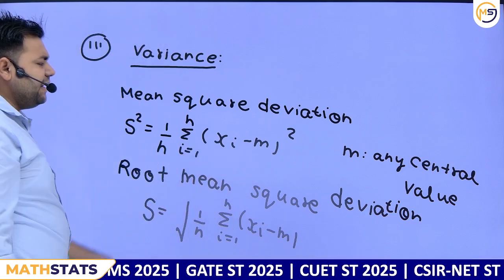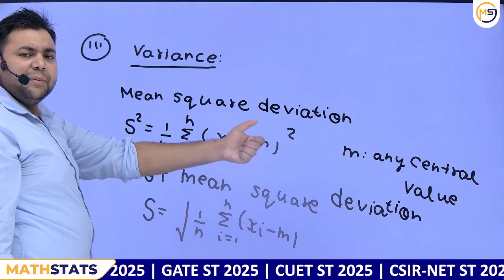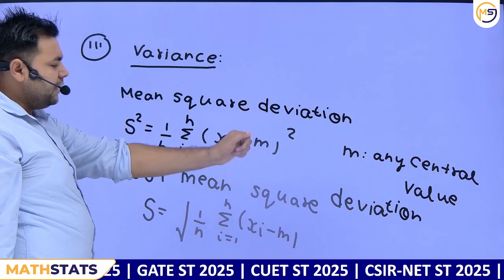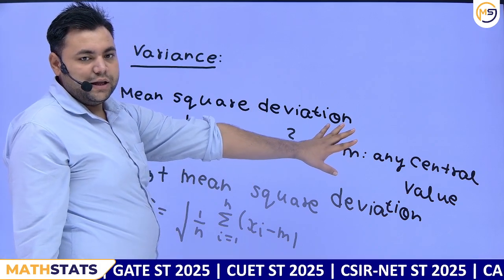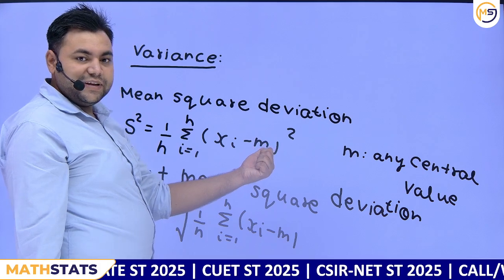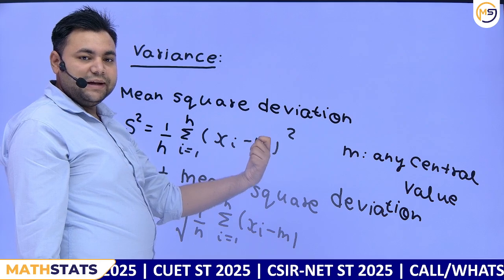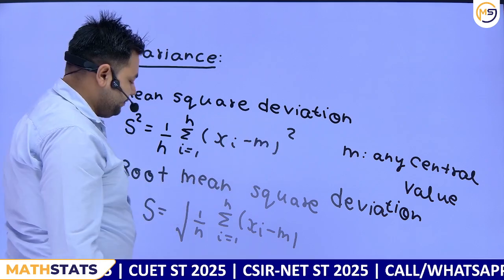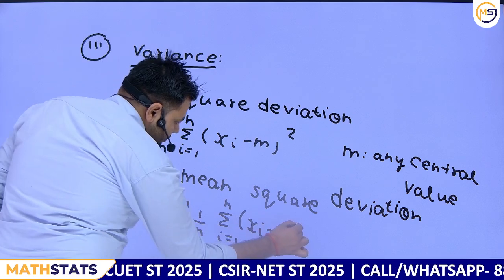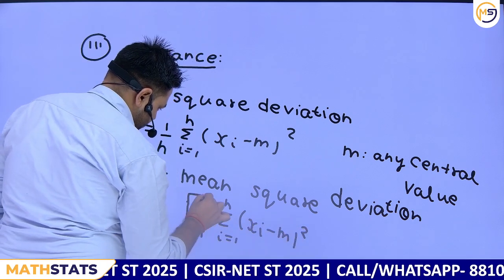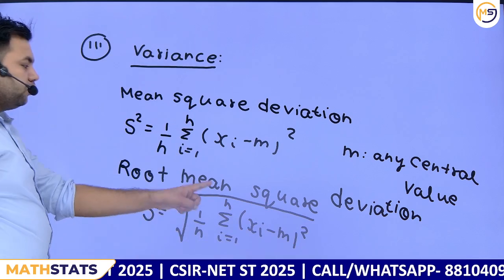You can also write here not m, but alpha, b, a, anything. This is any central value. This m is not fixed, so you can use any symbol here, m, capital A, capital B, small b, anything. So this is called root mean square deviation.